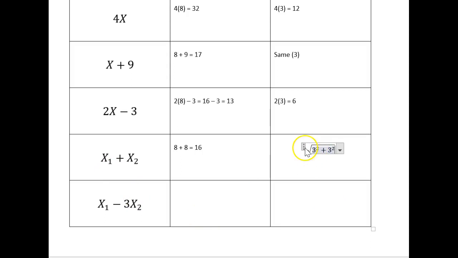So you square the standard deviations and add them, and you take the square root. And so it is the square root of 18, which is 4.24.